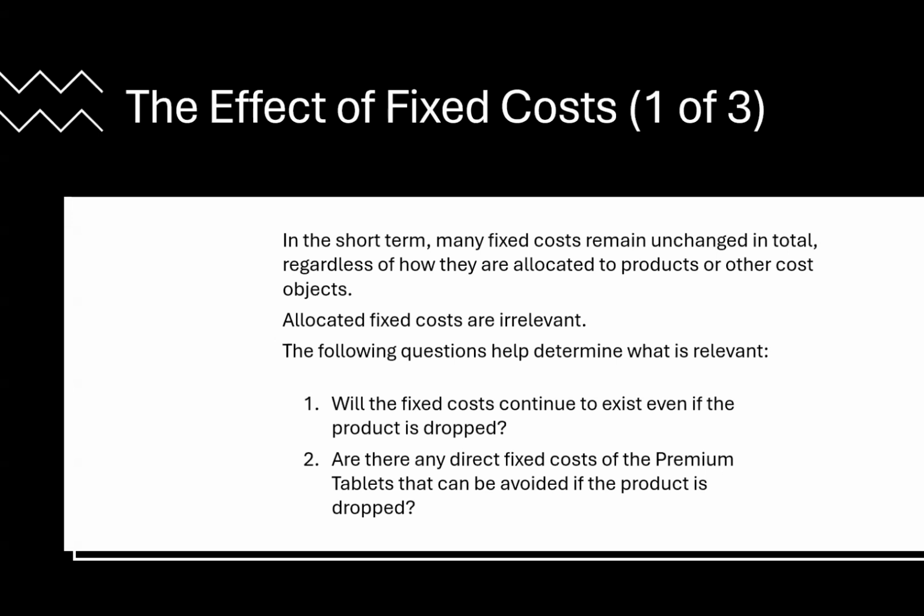However, in the short term, many fixed costs remain unchanged in total, regardless of how they are allocated to products or other cost objects. Therefore, allocated fixed costs are irrelevant, except for any amounts that will change because of the decision that is made.